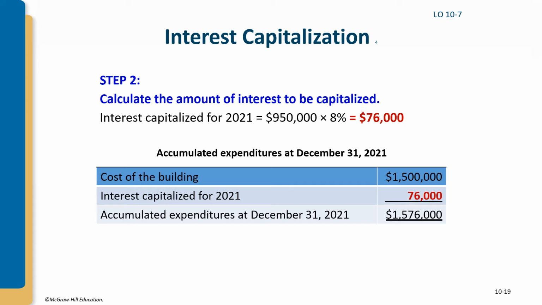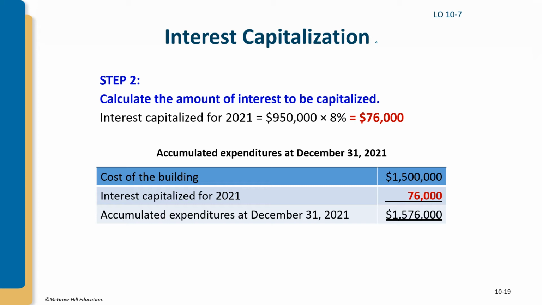If your weighted average accumulated expenditures, ours are $950,000, are less than the amount you borrowed to finance this specific project, the $1 million, and they are, use the construction loan's interest, 8%, to calculate the interest on this project for the year.